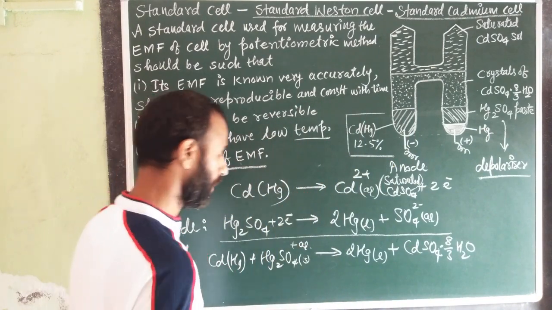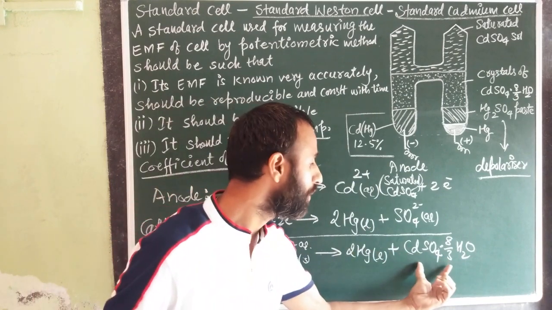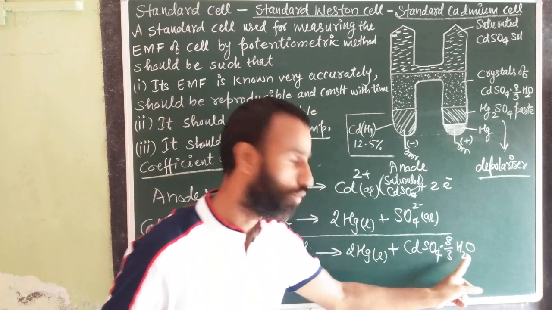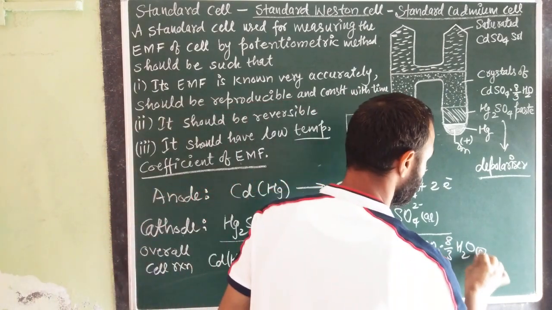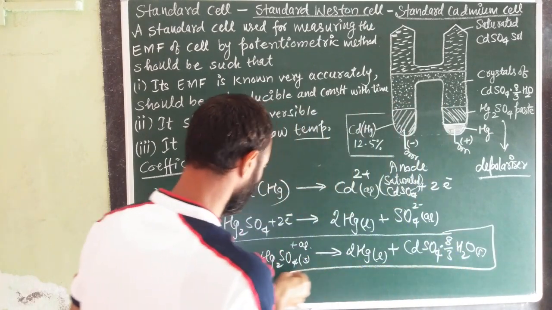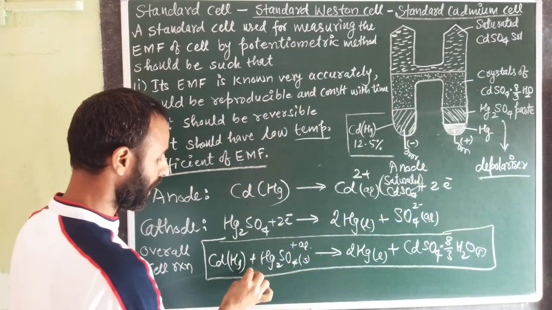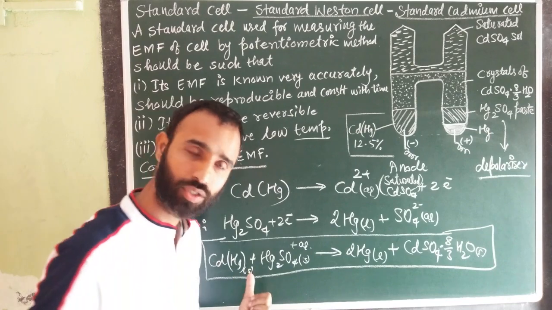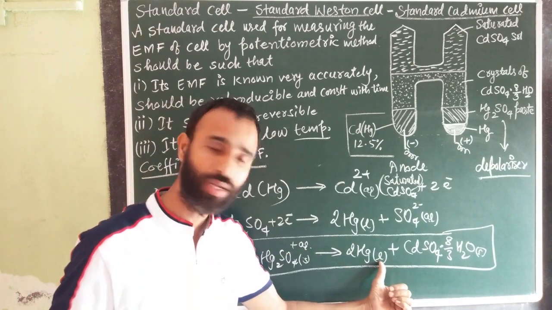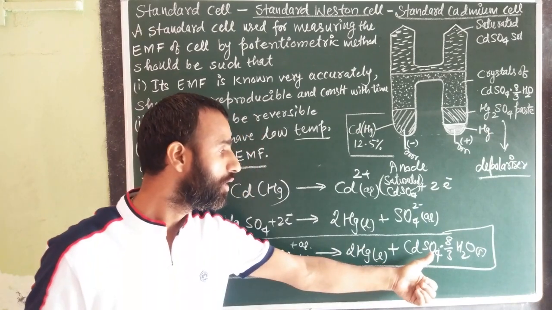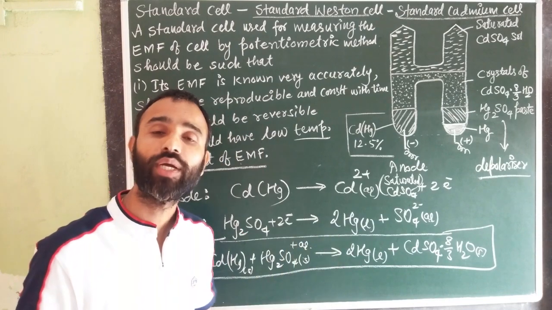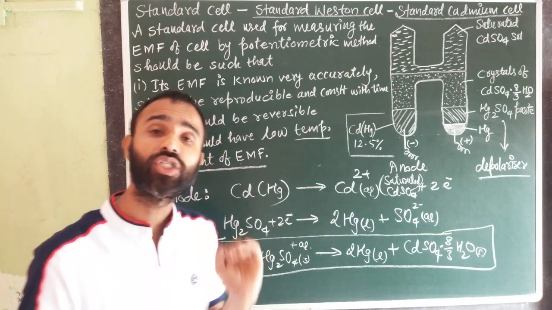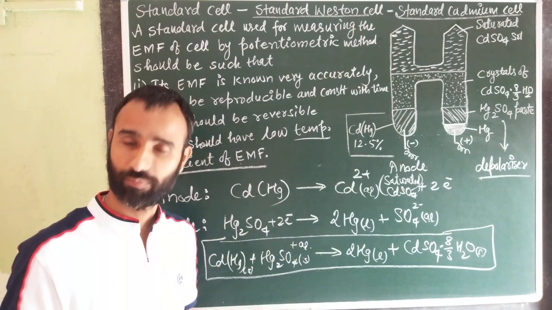So in aqueous solution, CdSO4.8/3H2O is formed. That's why, in the cell reaction, everything is either a pure solid, a pure liquid, or a saturated solution. That's why its EMF does not change with time.